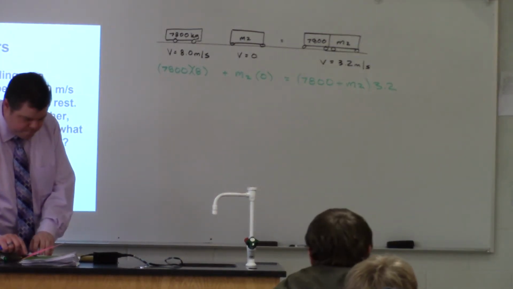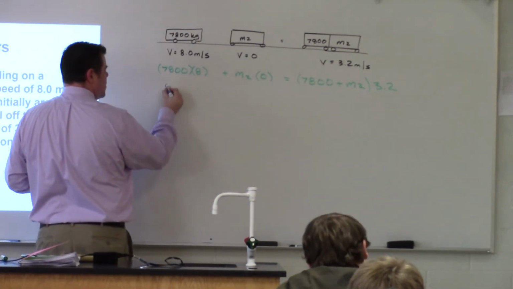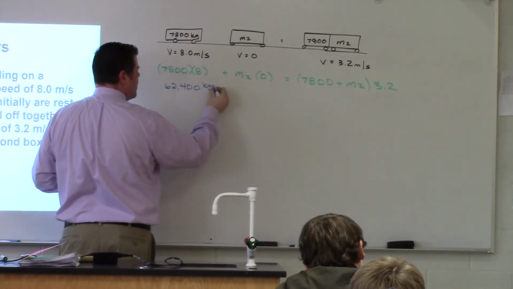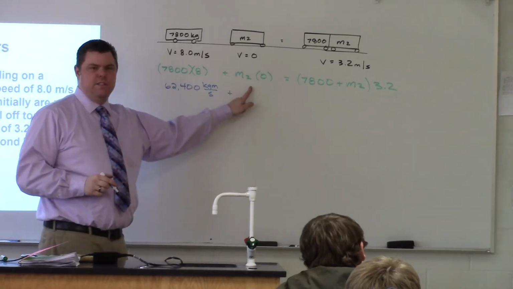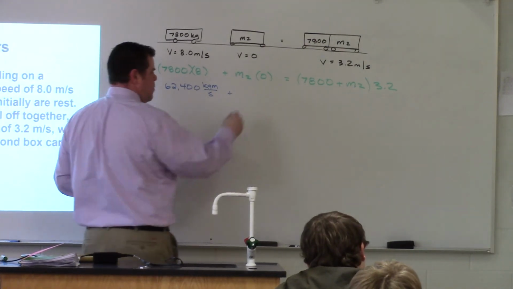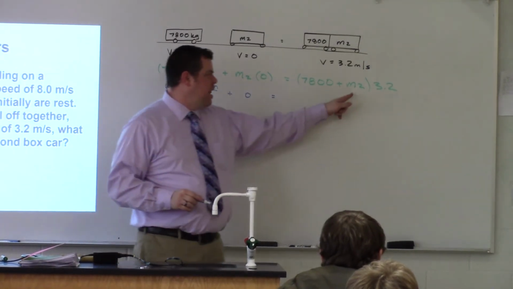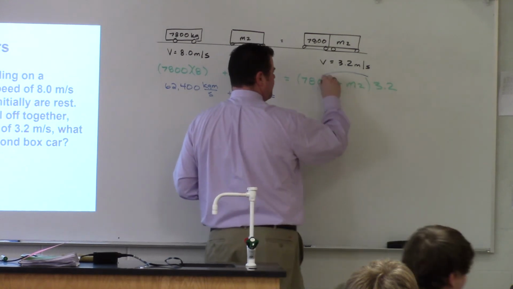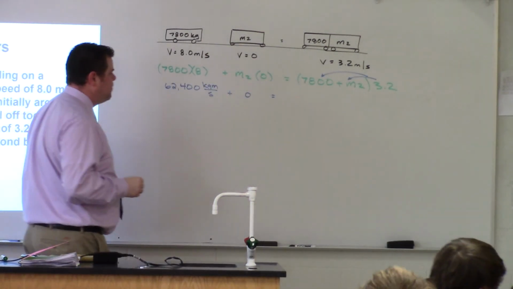So 62,400 kilogram meter per second, plus the momentum of the car that's at rest. Anything at rest is going to have a momentum of 0, equals, to get m2 by itself, you first need to distribute this 3.2. That's one way you can do it.